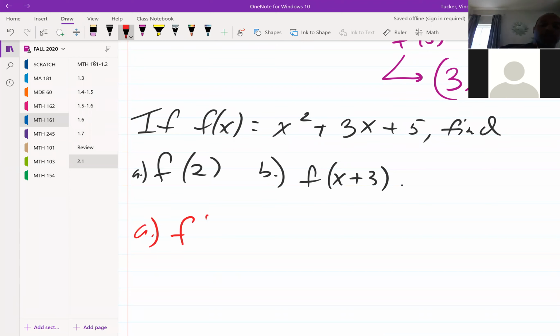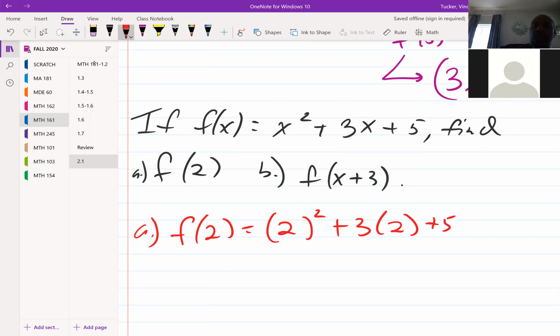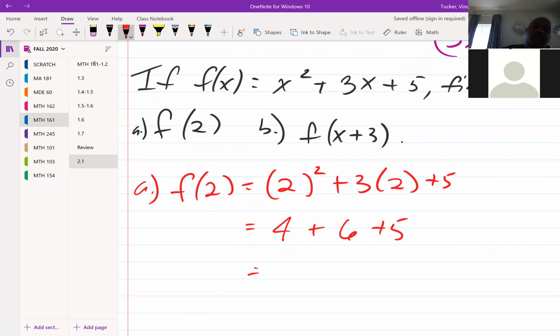So f of 2 means you will take 2, plug it in where you see x. Then calculate: 2 squared is 4, 3 times 2 is 6, plus 5. 4 plus 6 plus 5 is 15.